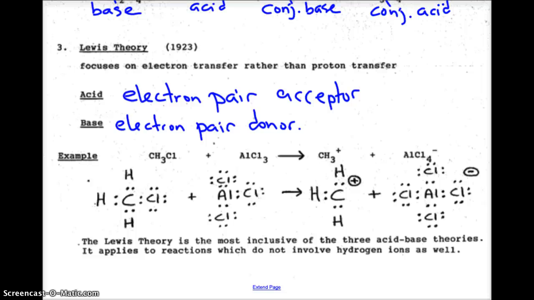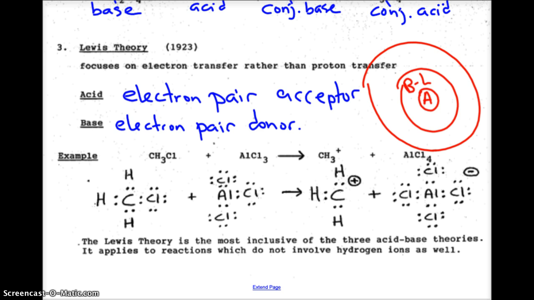We're not going to use it much, but it's good to have knowledge of what it entails. So if we think about our three acid-base definitions, we have our Arrhenius acids and bases, which is a very limited set. We then went a little bit bigger, so we have Bronsted-Lowry acids and bases. All of the Arrhenius are also Bronsted-Lowry. And then our biggest definition is our Lewis acids and bases.